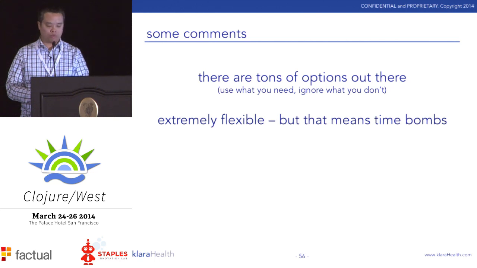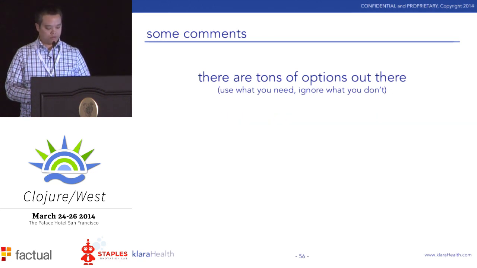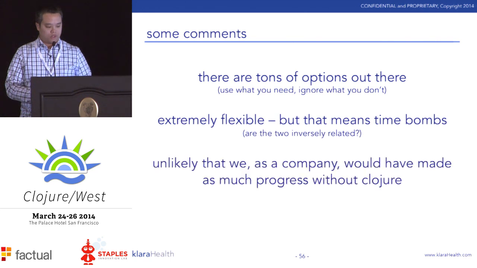And we like the flexibility that we get with Clojure. Now, obviously, with that, you get time bombs, or you end up cutting yourself. And that's just a learning curve for us to figure out how to head off problems and prevent them before they happen. And it's unlikely that as a company, we would have made as much progress as we did without Clojure.